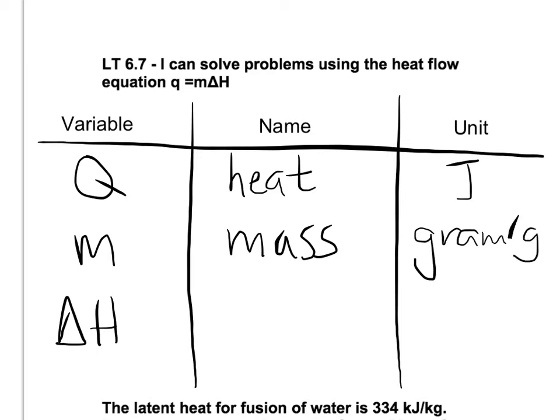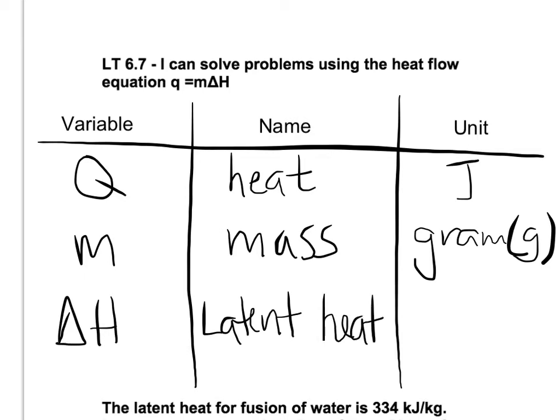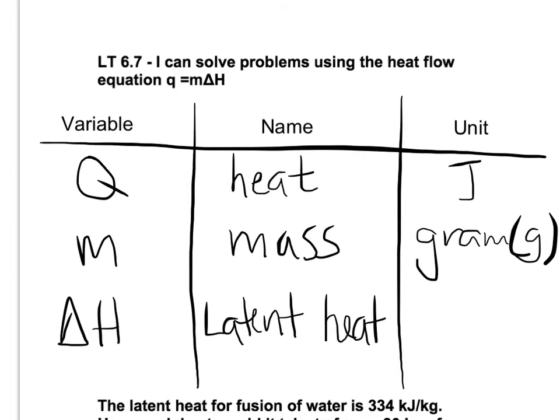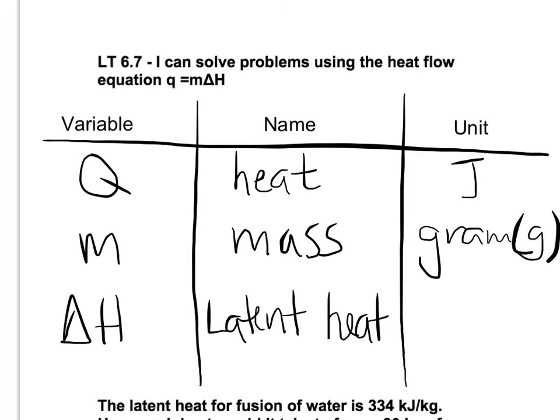And H stands for latent heat, with the unit of joules per gram, which will sometimes be kilojoules per kilogram, depending on what units are given to you.